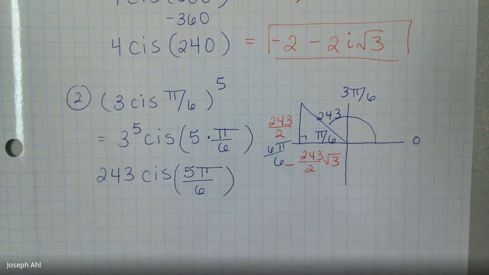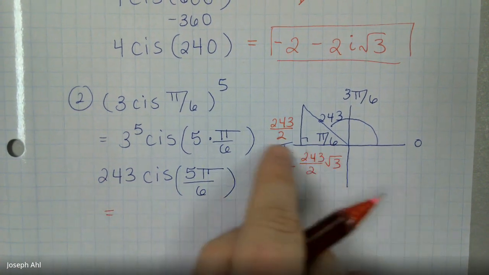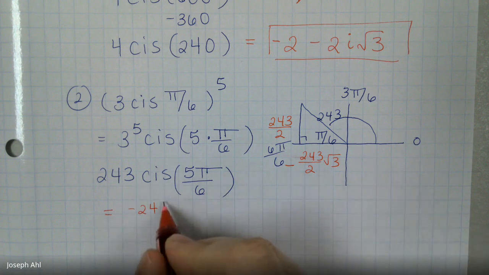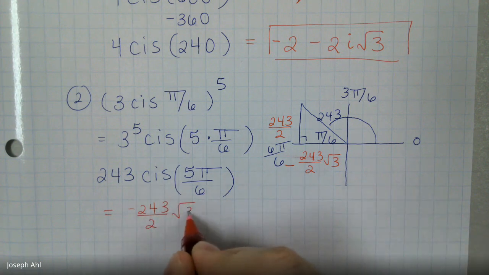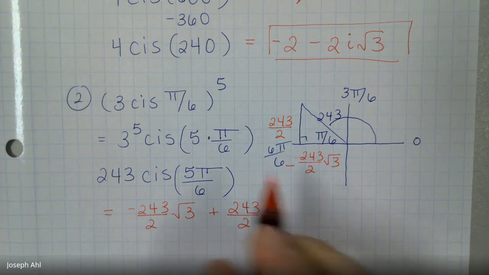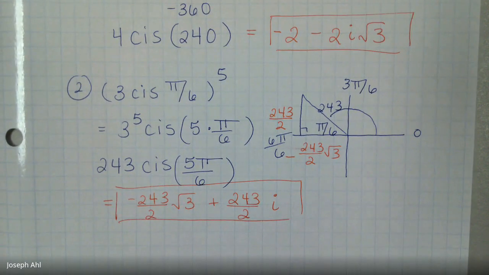And it's going left, so we need a negative. So when all is said and done, this converts to negative 243 over 2 radical 3, plus 243 halves i. Final answer in a plus bi form.